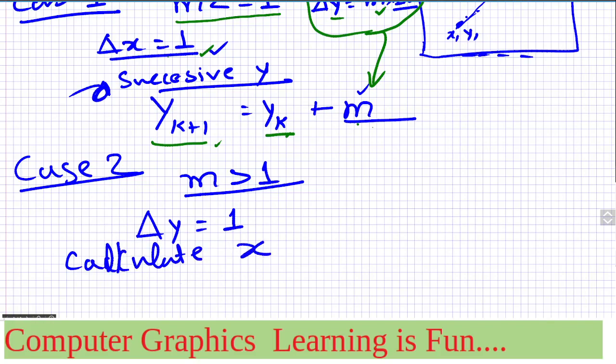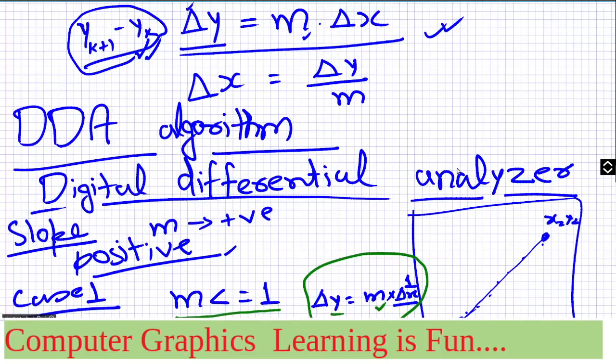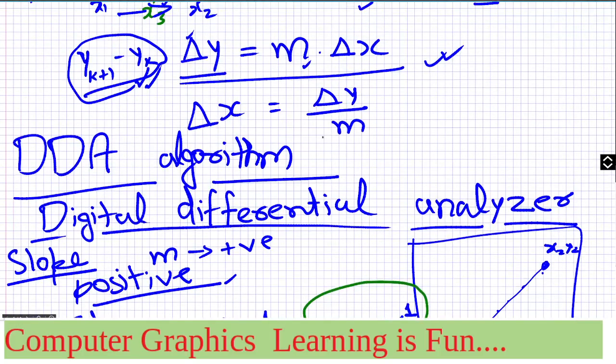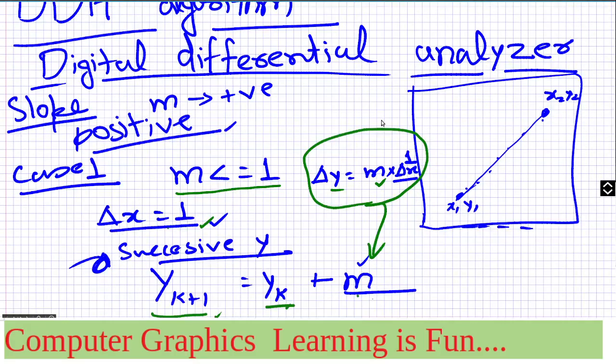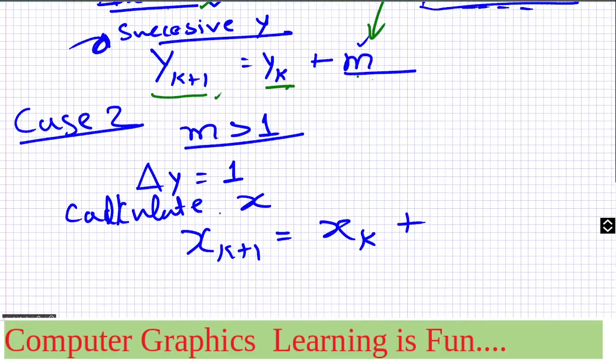How? xk plus 1 will be xk plus something. What was the formula for delta x? Delta x was delta y upon m. Since delta y is given as 1, this value is 1 upon m. So here you will add 1 upon m.